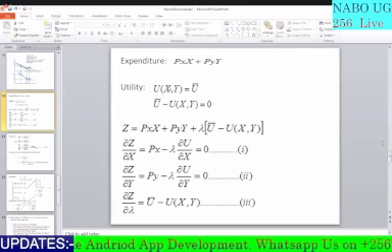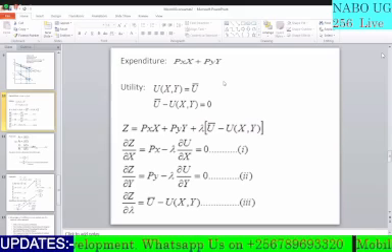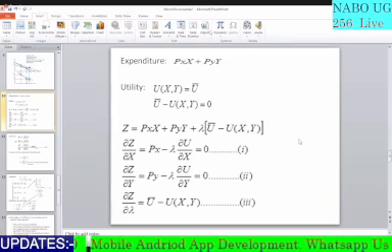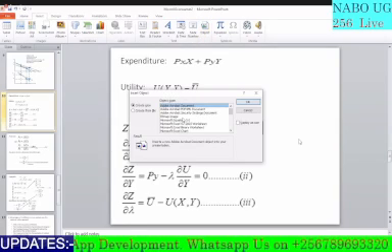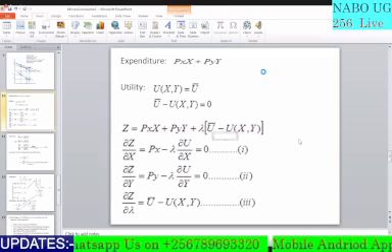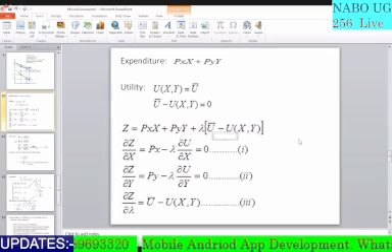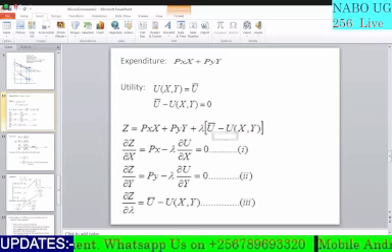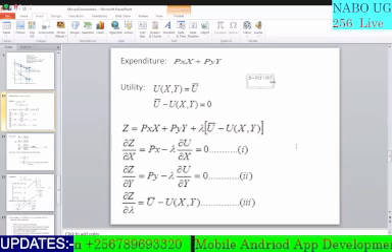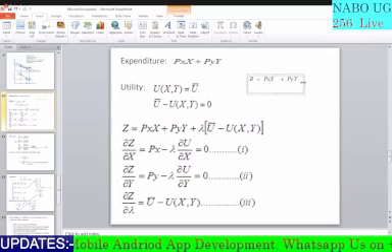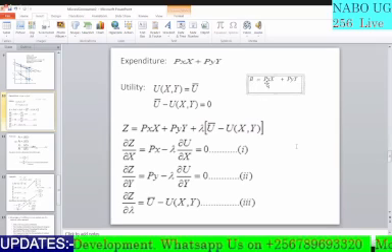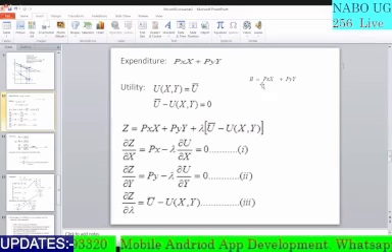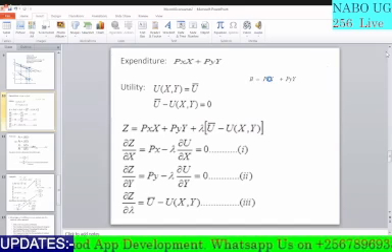Remember, if we had B equals PXX plus PYY and you want to put everything on one side, you say B minus PXX minus PYY.